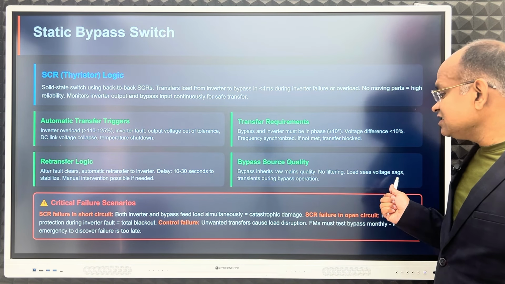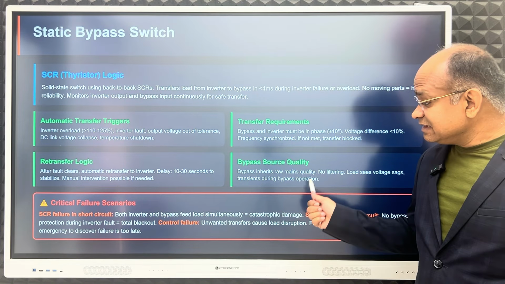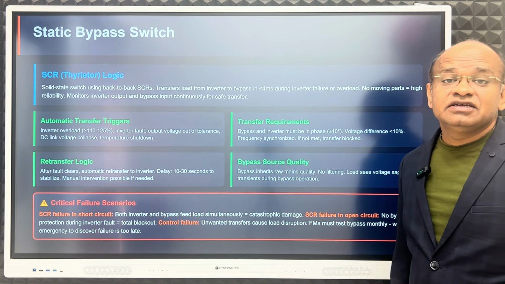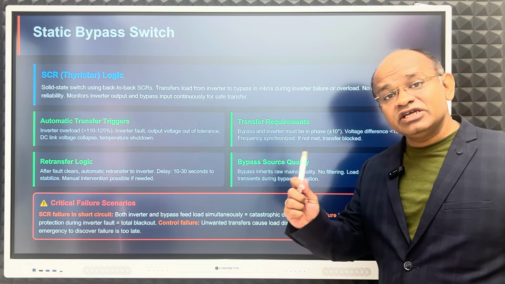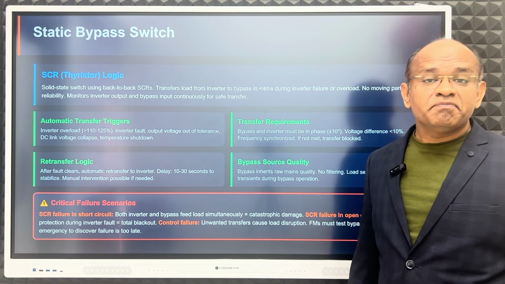The load sees voltage sags and transients during bypass operation. These quality issues will be there if the load is on bypass. So as soon as possible, we need to bring it back to the main source.